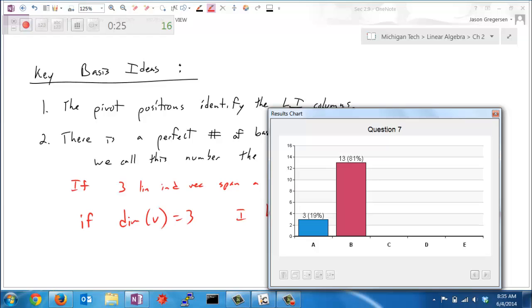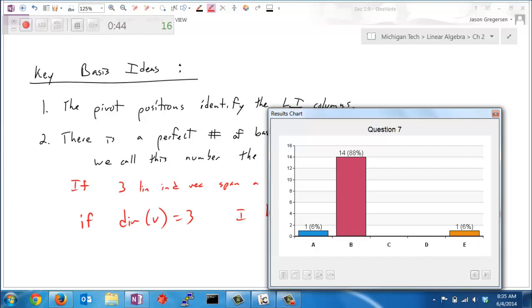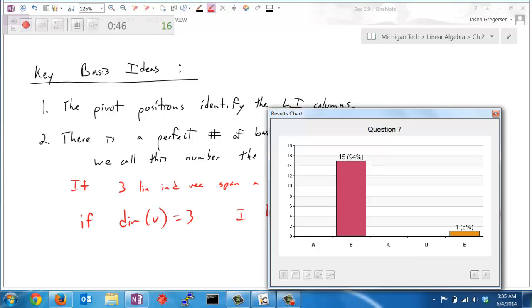So in other words, if the dimensions are 3, that means there's 3 elements in the basis. I can find 3 vectors that are linearly independent that span the space. I can take 3 vectors and have a linear combination that gets me to any other vector in the space. So if you give me 4 vectors in the space, one of them for sure has to be redundant. There might be more that are redundant, but one of them for sure has to be.